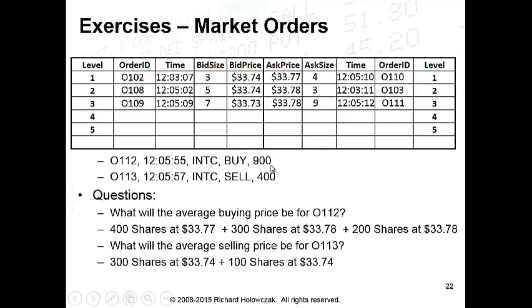The remaining 100 shares will be sold also for 33.74. So here it seems pretty straightforward. 300 shares at 33.74 and 100 shares at 33.74. The average selling price will be 33.74. I don't even need to do the math because it's the same price.